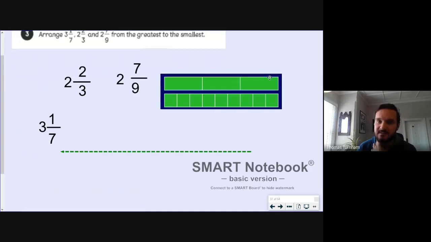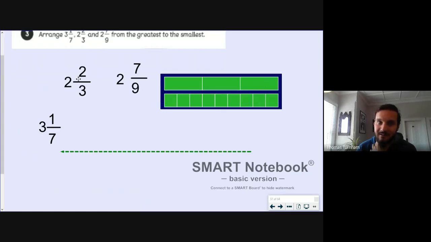Each of those thirds I've cut into 3 parts. My third becomes ninths. And that means my 2/3 are also multiplied by 3, because that 1/3 now has 3 parts. So my 2/3 is 3 times as big as it was before. And 2 times 3 is 6. So 2/3 is the same as 6 ninths.